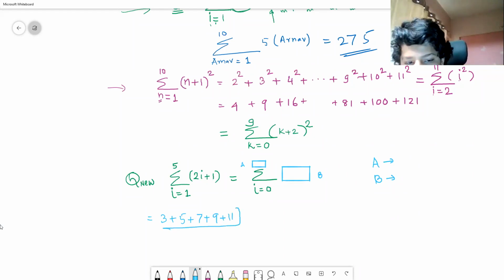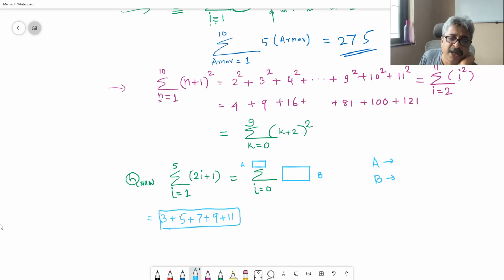Maybe every time if this is 100 we will not write all 100, but at least a couple of them to cross check. So there are a total of 5. If i starts from 0: 0, 1, 2, 3 and 4. I want a total of 5 numbers to be added. So A is going to be 4.